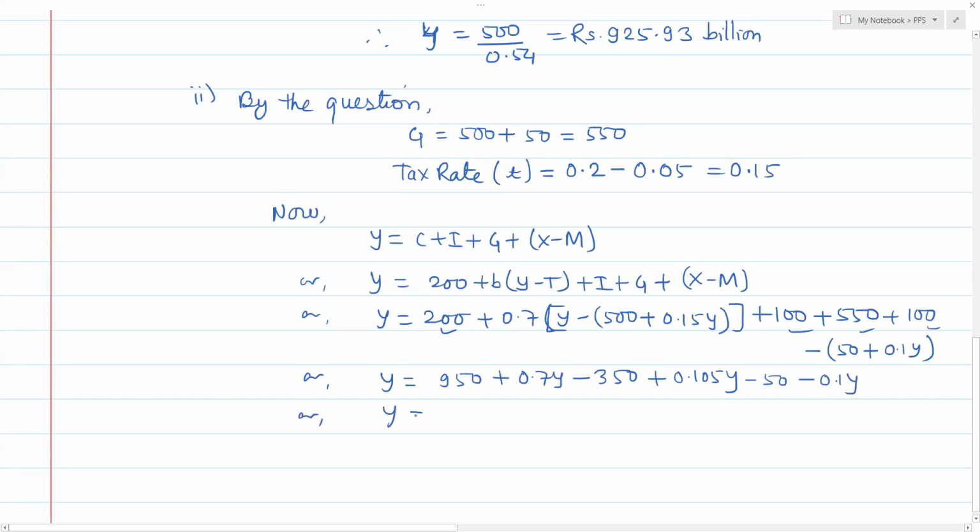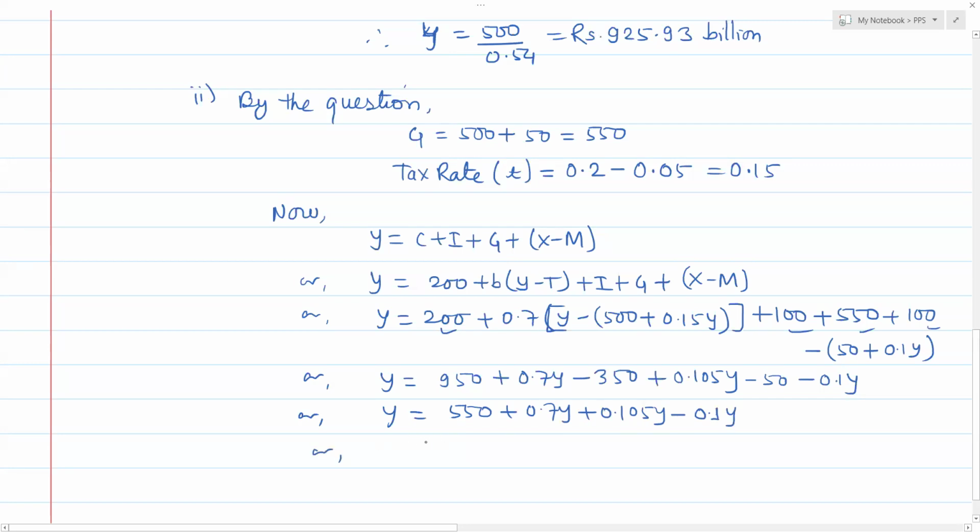Or Y is equal to 900 minus 350 is 550, plus 0.7y plus 0.105y minus 0.1y.